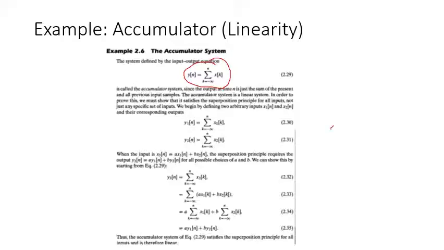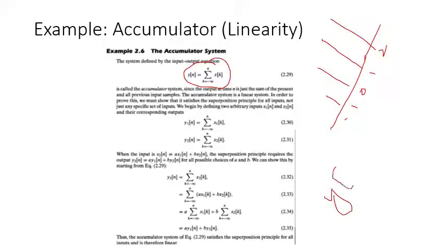So for example, we have a signal -1, 0, 1, 2. If I say y of 1, it means that I have to add from -1 to 1. So the limits will be k equal to minus infinity up to n.